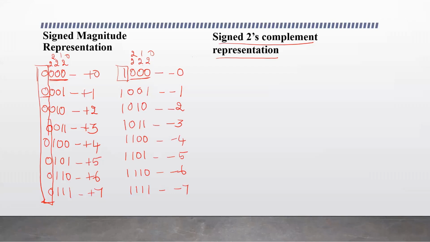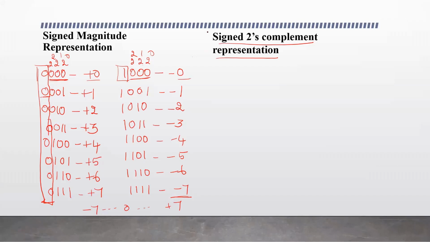If you see this representation, the range of numbers that can be represented using signed magnitude representation is from minus 7 to 0 to plus 7, correct?